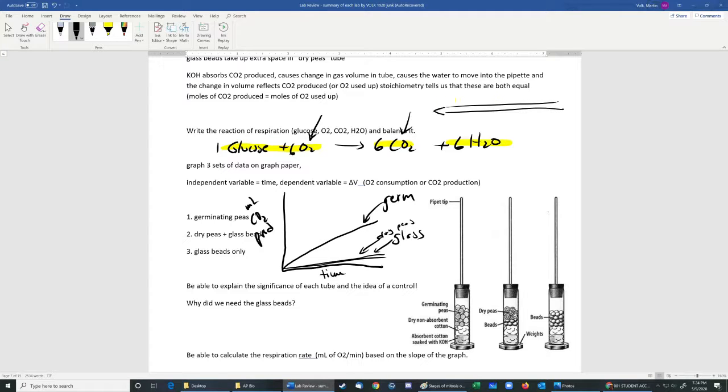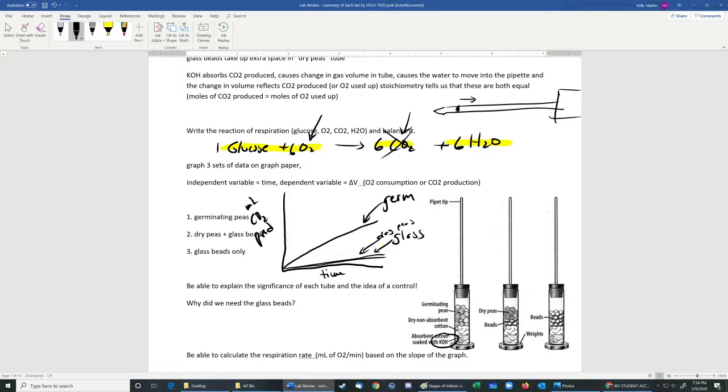If you're looking at the pipette tip and you're looking at the water in here moving either inward or outward to try to see if the volume decreased, whatever O2 was consumed and decreased the volume in the setup was then replaced by CO2, which keeps this in the same place. So we solved that problem with KOH. KOH is a chemical that reacts with CO2 and takes the CO2 out of the situation and causes it to precipitate and then dissolve.